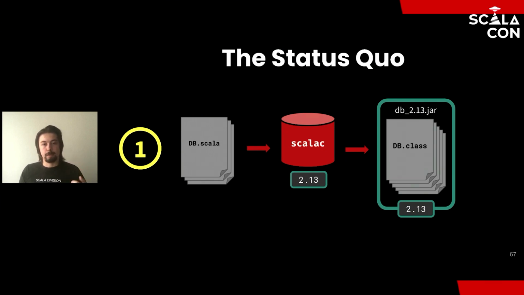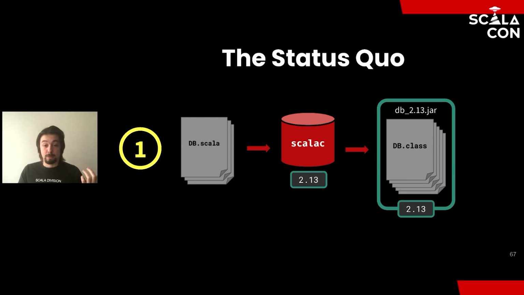And we have a build tool such as SBT that loads the Scala compiler, version 2.13 in this case, compiles it, and we get some classes and we bundle it up in a jar file. That jar file has a little suffix that tells us it was compiled by Scala 2.13. Scala 2.13 has this thing called a binary version, which is 2.13, and that describes that it was compiled by Scala 2.13.